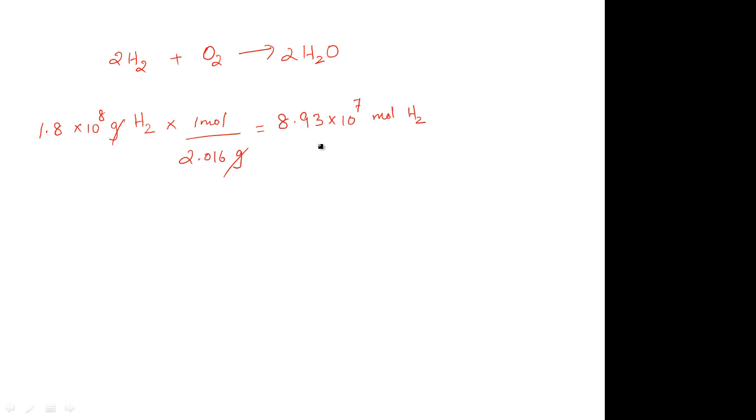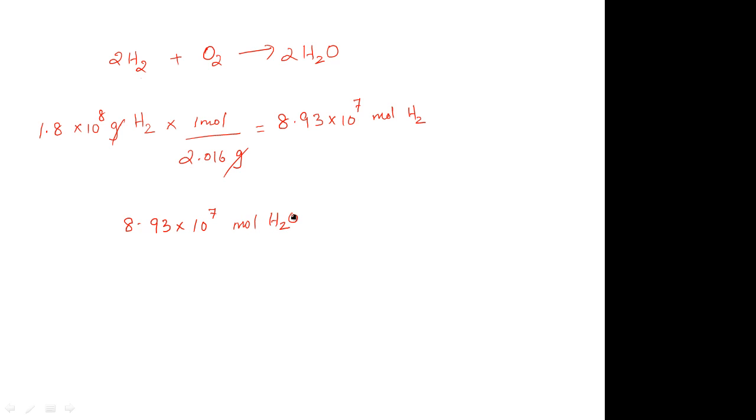So if you have 8.93 x 10^7 moles of hydrogen, how many moles of water will be produced? 8.93 x 10^7 moles of water, because it's a 1-to-1 ratio, right? So whatever amount of hydrogen you have, the same amount of water will be produced.